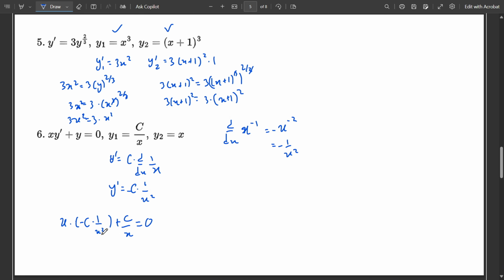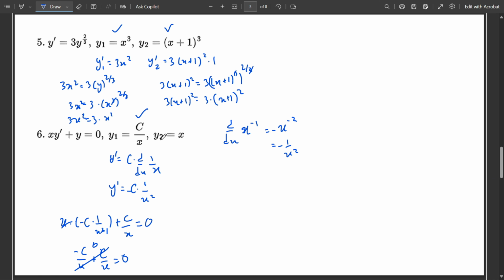So x and 1 over x squared can cancel, reducing the power to 1. Negative c over x plus c over x, does that equal 0? Yes, this equals 0. So this is a solution. This guy is a solution to this differential equation.